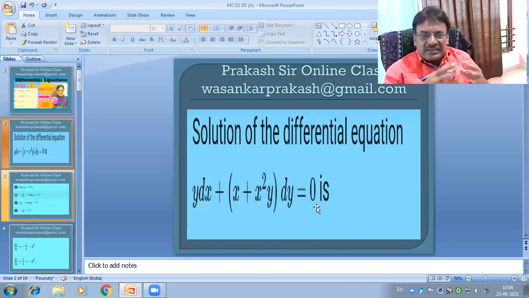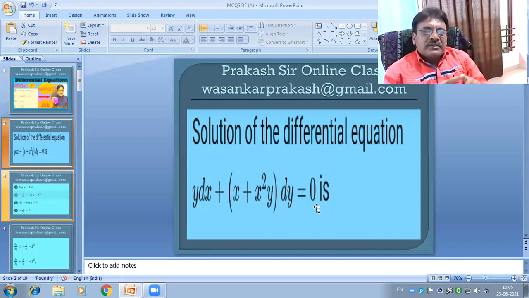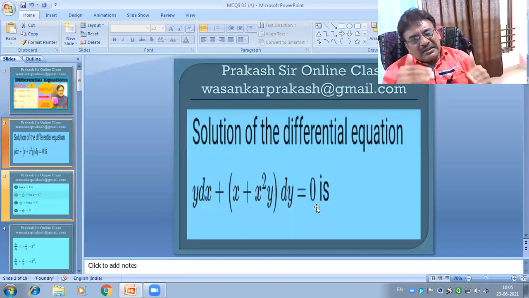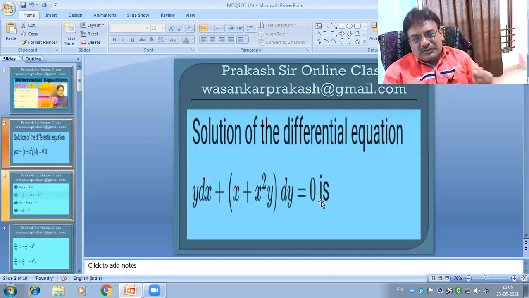If we observe it, it is clear that first we convert this differential equation into a linear differential equation, that is, dx by dy plus Px equals Q, in this format. So here y dx plus x square y dy equals 0.